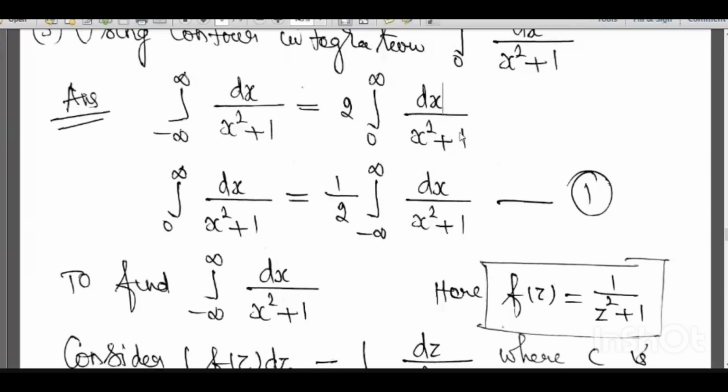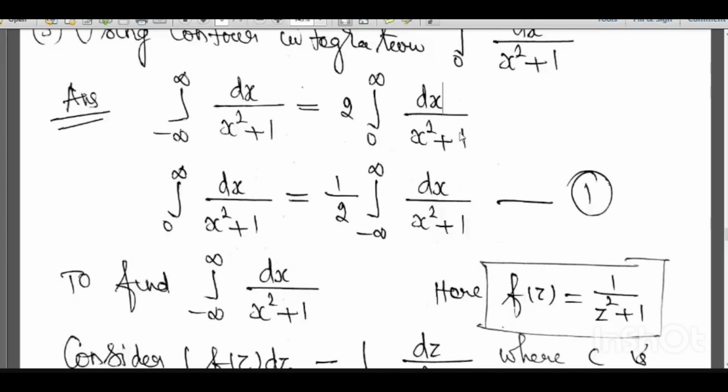So the integral from 0 to infinity of dx divided by x square plus 1 is equal to 1 by 2 integral from minus infinity to plus infinity of dx divided by x square plus 1.